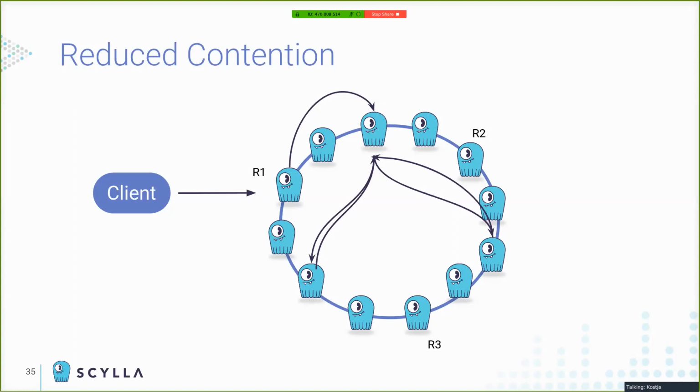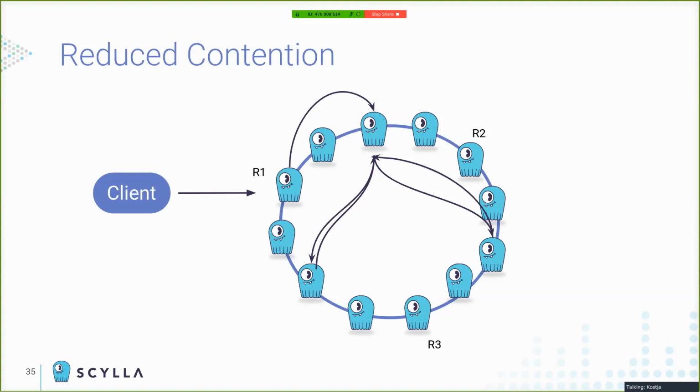This is not nice for standard mutations, and this is like 3-fold or four times less nice for lightweight transactions, because lightweight transactions need to do 3 to 4 round trips and they involve all of the replicas just for that.